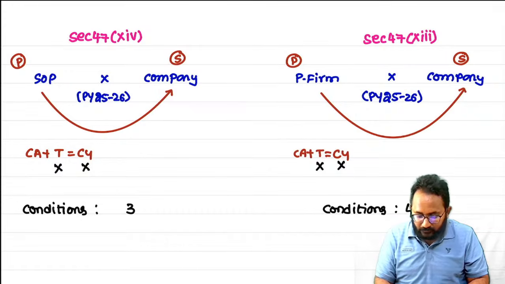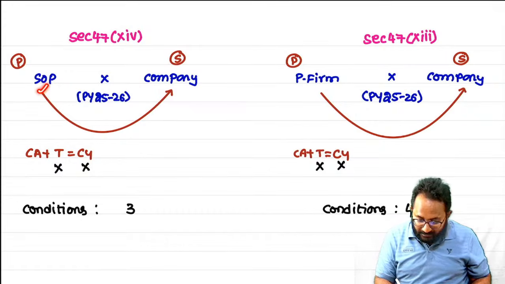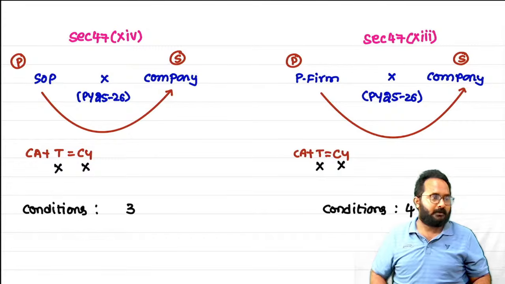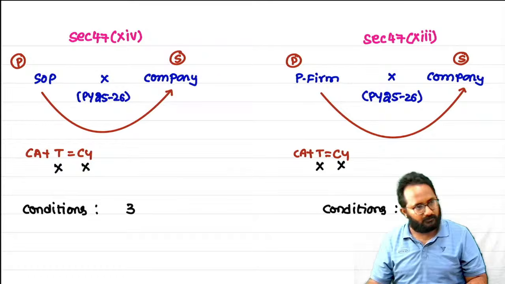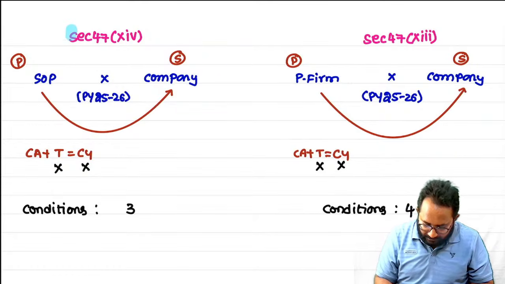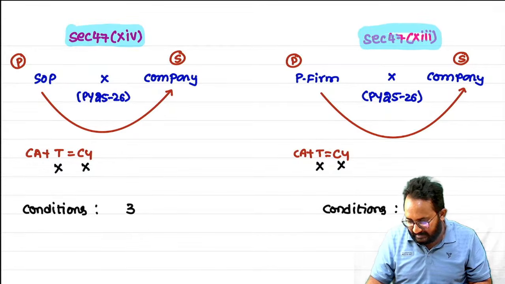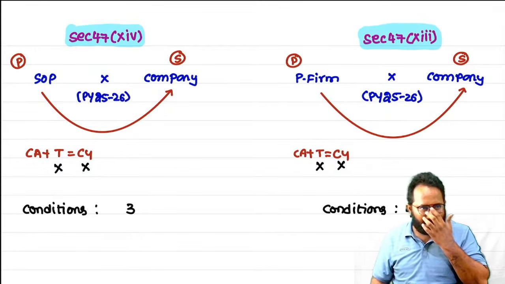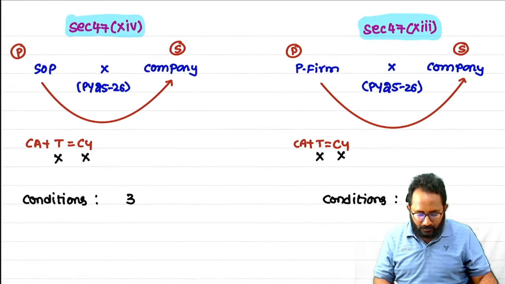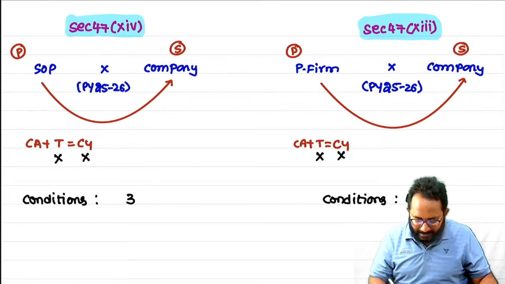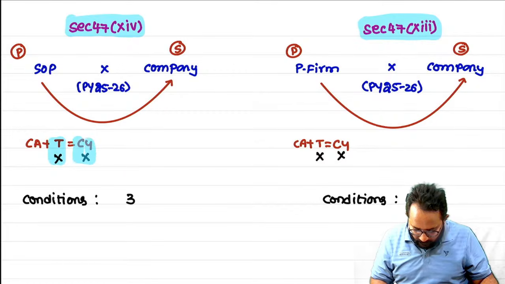Sir, many are excluded from transfer, but this point is clearly excluded in this clause. Here also, 47(13). Clear? Now, can I discuss the conditions first? If we discuss the conditions, that main part is over. So if you know these conditions, then there is no need to calculate the capital gain, when all the conditions are satisfied.